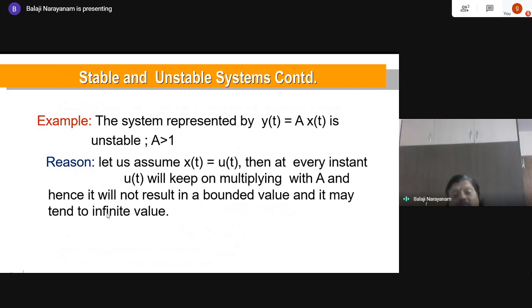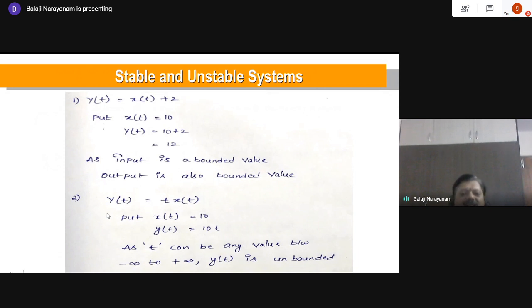Hence we may conclude that the given system with equation a into x of t, and x of t being u of t, is an unstable system.